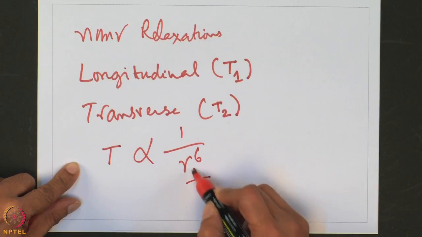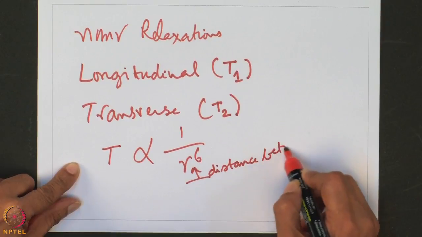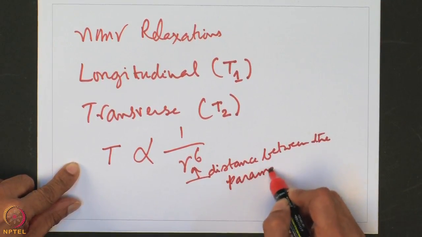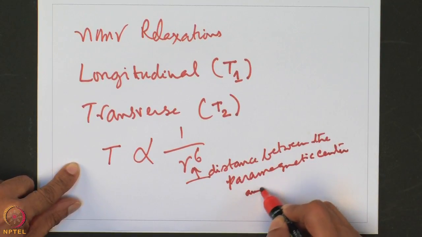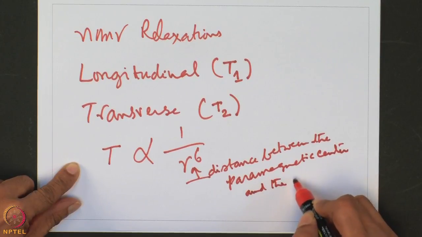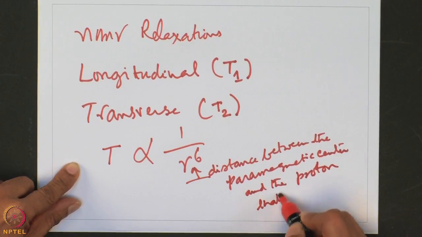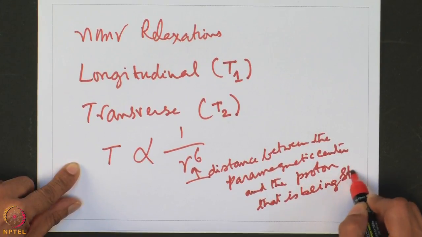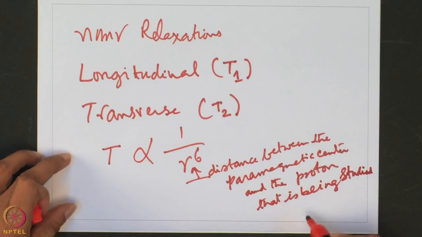So r is the distance between the paramagnetic center and the proton that you are looking at, that is being studied.